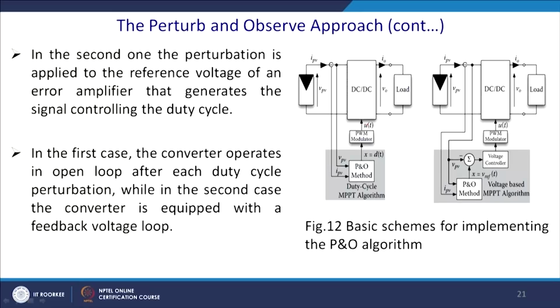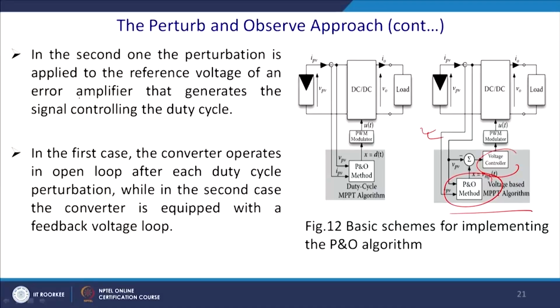Some controllers also require voltage control. Not only is the duty cycle coming out of the maximum power tracking, we also need voltage control, and both are incorporated. Ultimately this one is most preferred, because you require to track the MPPT as well as charge the battery at 12 volts, and for this reason the second method is preferred with PO.